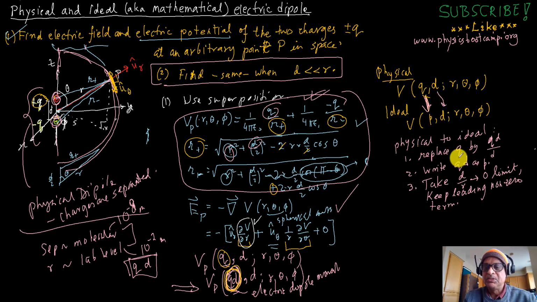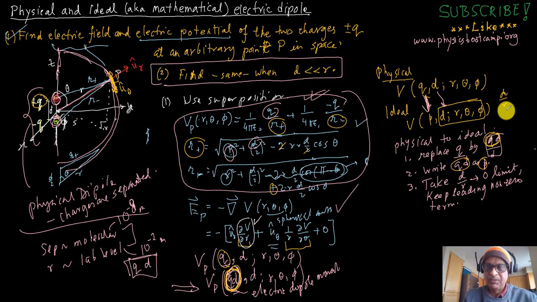So the way you do it is take the Q and replace it by this thing, then this QD here you just write as P, and the rest of the stuff you can combine as some D over R variable.